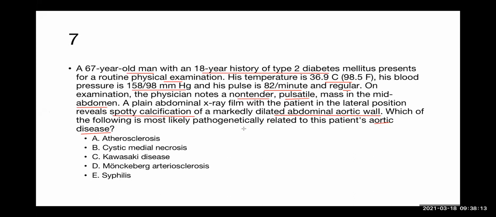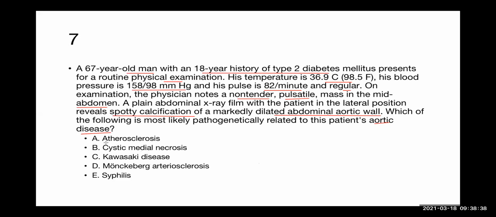Now, your question is very simple. What pathological process is the most common cause of this abdominal aneurysm? Atherosclerosis, cystic medial necrosis, Kawasaki disease, Monckeberg arteriosclerosis, or syphilis? Okay, what is the answer here? It is A, atherosclerosis.